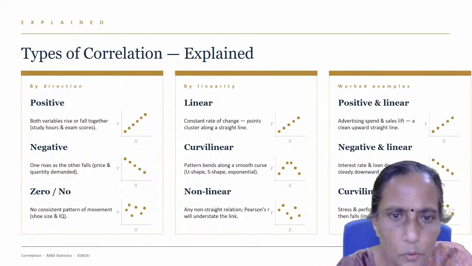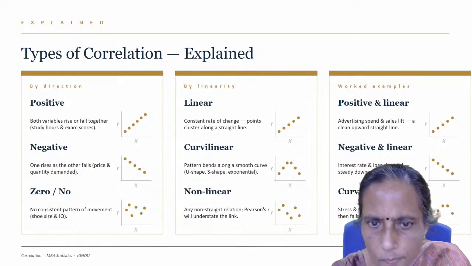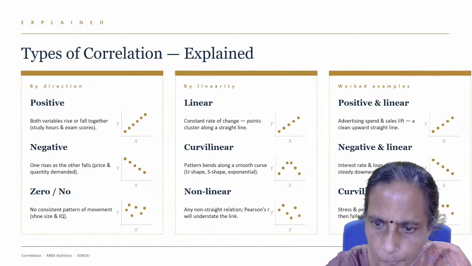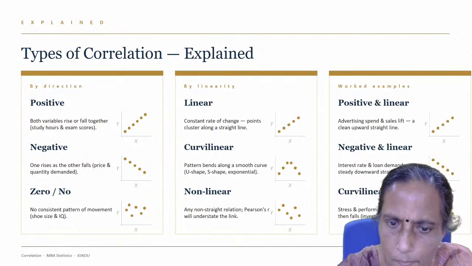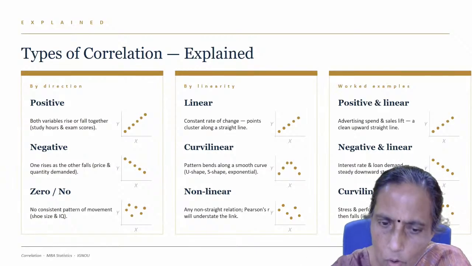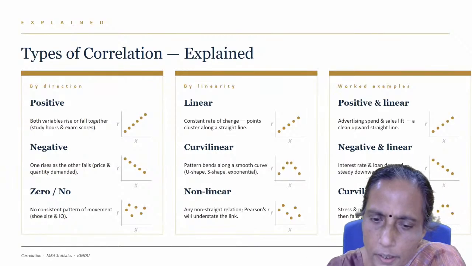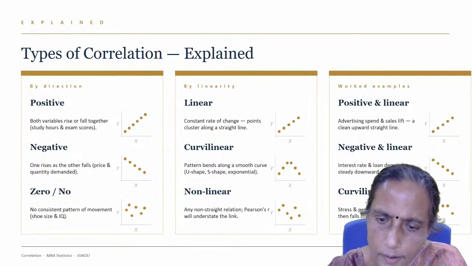Similarly, by linearity, we say the constant rate of change, points cluster along a straight line. By curvilinear, the pattern bends, maybe U-shaped, maybe S-shaped, maybe exponential. And non-linear, any non-straight relationship, your Karl Pearson's r will understate the link.